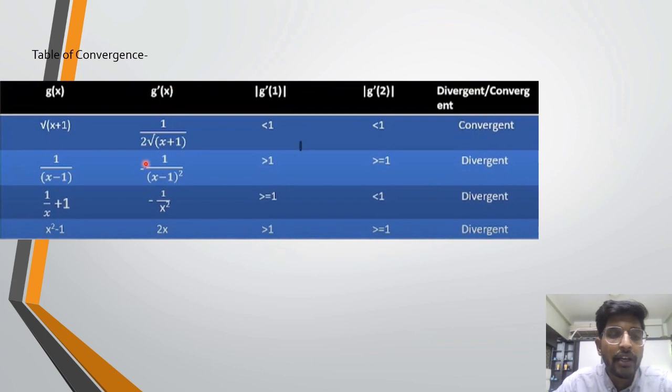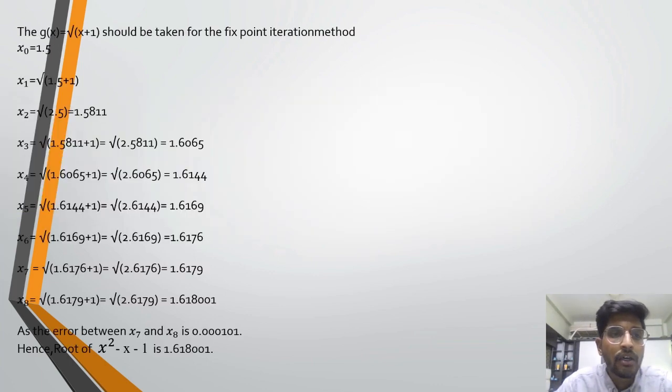So now we calculate the value using the first one, that is root of x plus 1. Here, g(x) equal to under root x plus 1 should be taken for the fixed point iteration method. As we have already assumed x0 equal to 1.5, we substitute x0 here and calculate the value of x1, that is under root 1.5 plus 1.